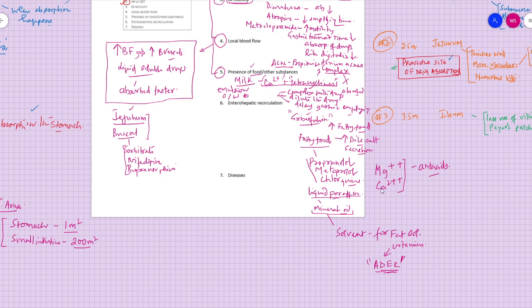These divalent ions, as we talked about for milk, can complex with drugs like tetracyclines. So not only food, even drugs like antacids can interfere with the absorption.